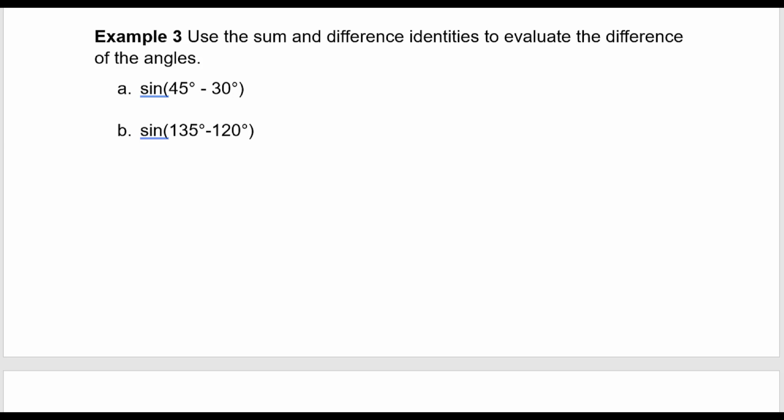So what do we have here? It's going to be sine of 45 degrees cosine of 30 degrees minus sine of 30 degrees cosine of 45 degrees.